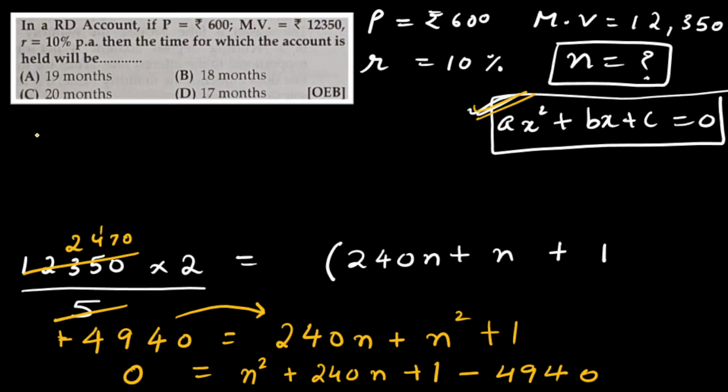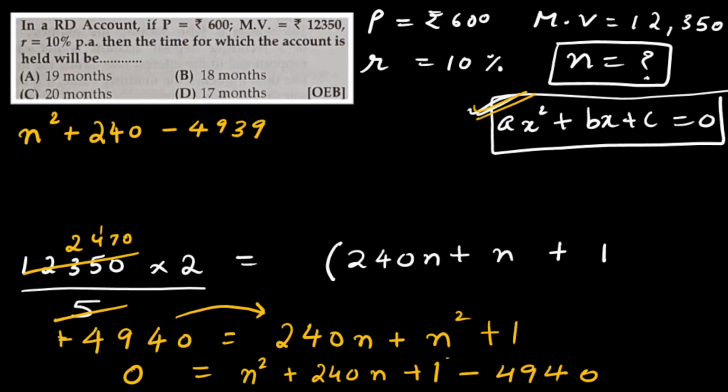So I'm just going to write n square plus 240n. If we solve this, these two are like terms, so plus 1 minus 4940, we'll get minus 4939.